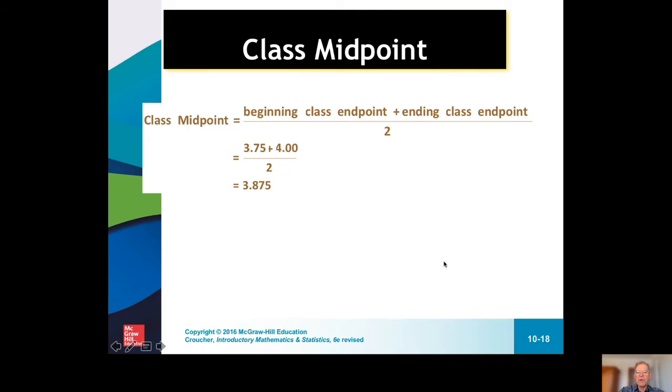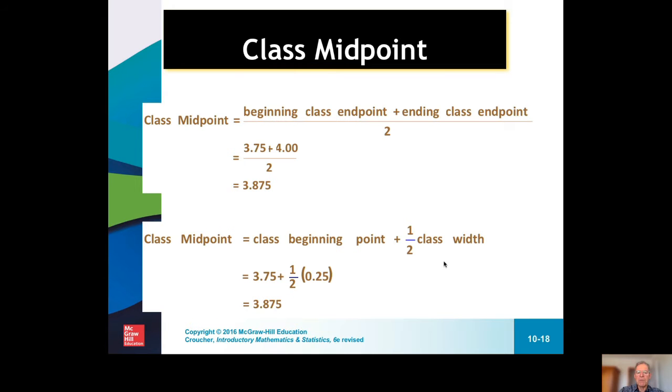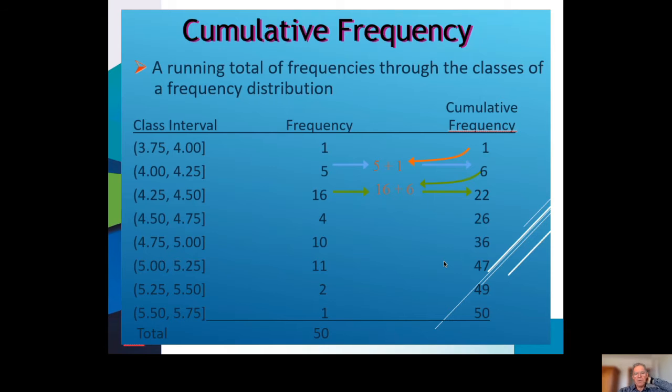And the midpoint's helpful for us in doing a whole lot of statistical analysis. The reason we use the midpoint is, for example, when we've gathered the data like this, of those 16 items that were somewhere between 4.25 and 4.5, how many of them were closer to 4.5, closer to 4.25?